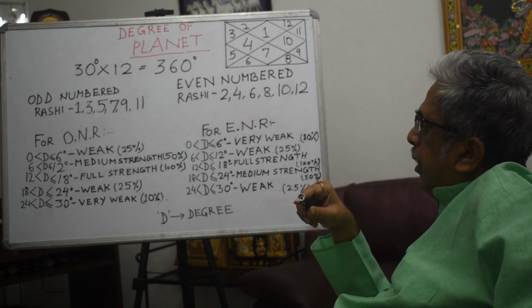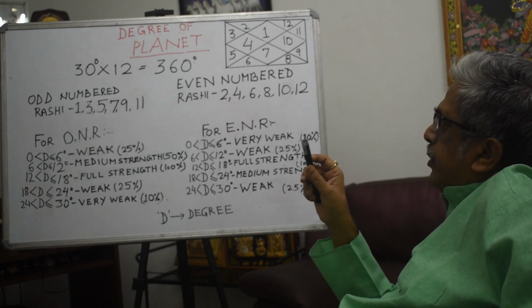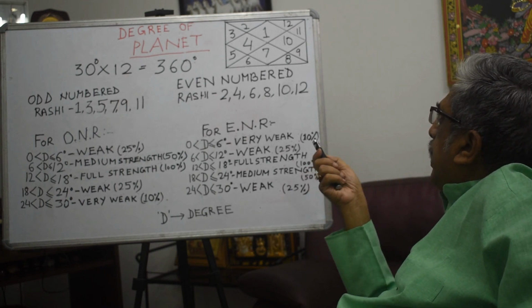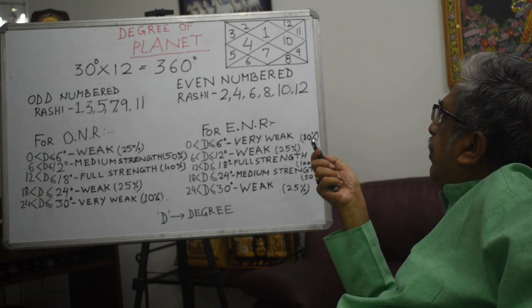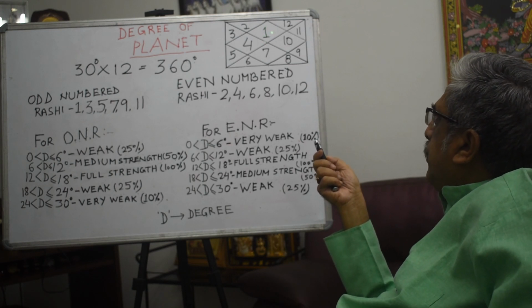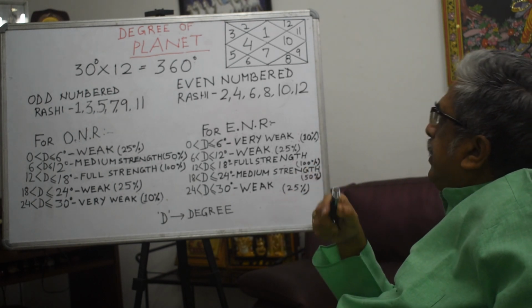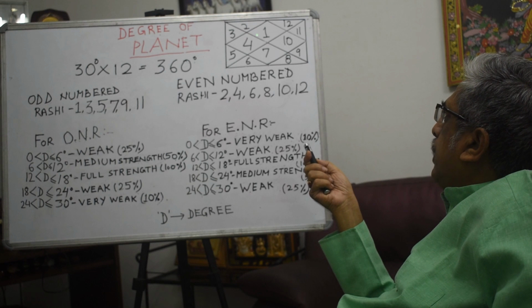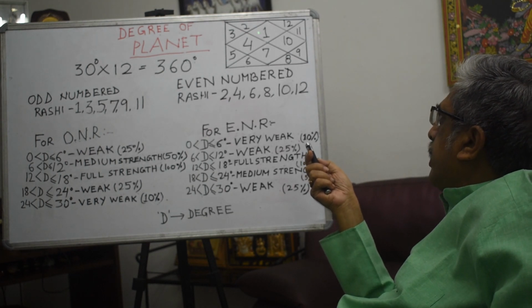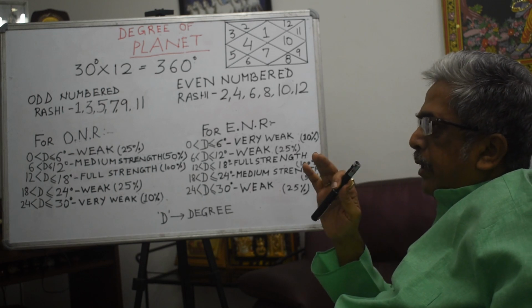It depends on how much Sun had already traveled in this Rashi at the time of birth. If by the time of birth Sun had traveled 5 degrees, it will appear at 5 degrees in the horoscope. If by the time of birth Sun had traveled 25 degrees in Aries Rashi, it will appear at 25 degrees.